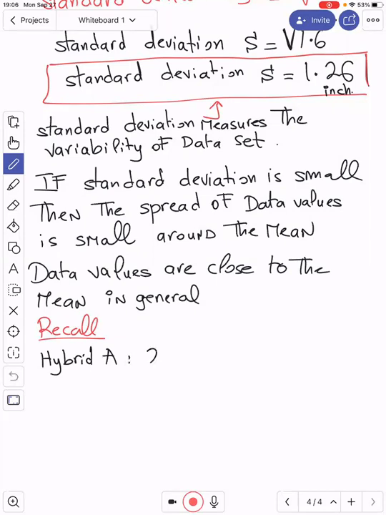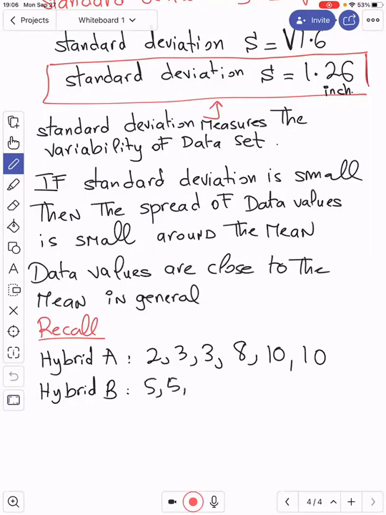Yes, it's 2, I think, 3, 3, 8, 10, and 10, if I'm not mistaken. Yes, I think so. Right. This is just the diameter of your flower. In hybrid B, what were the values? I think 5, 5, 5, 6, 7, and 8.